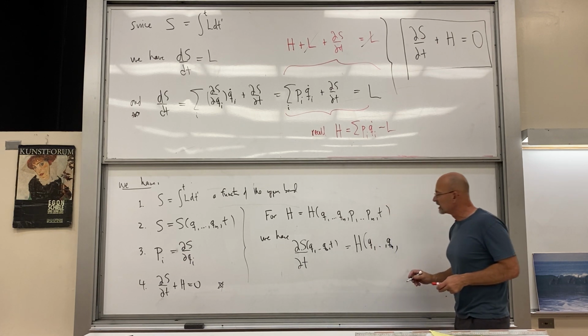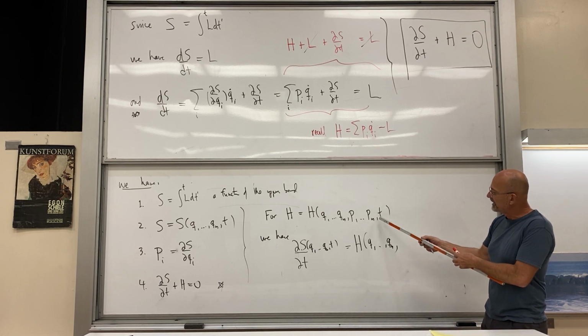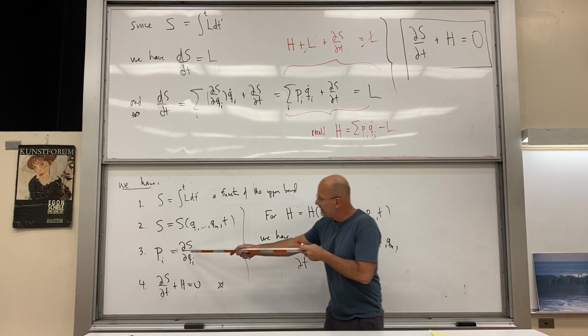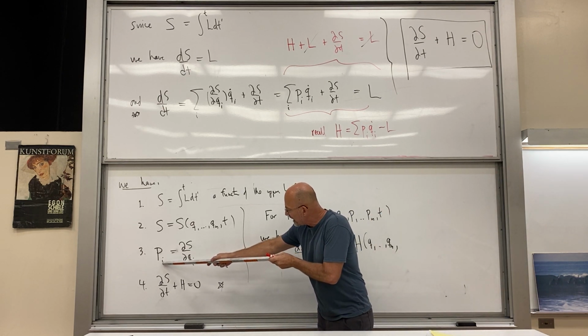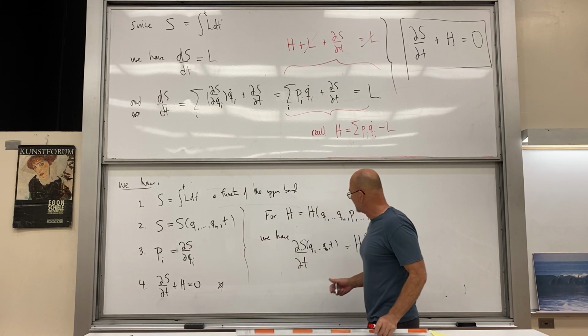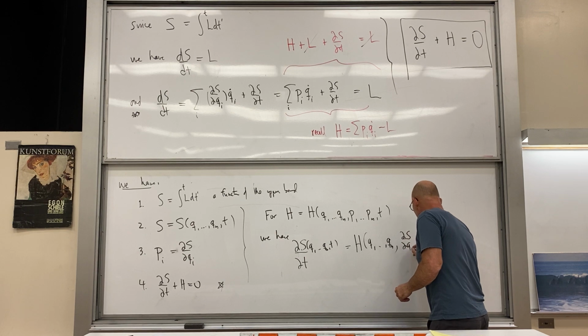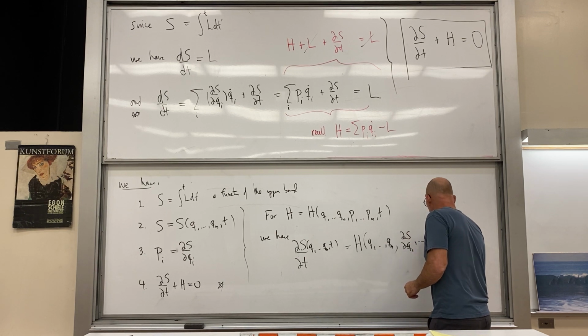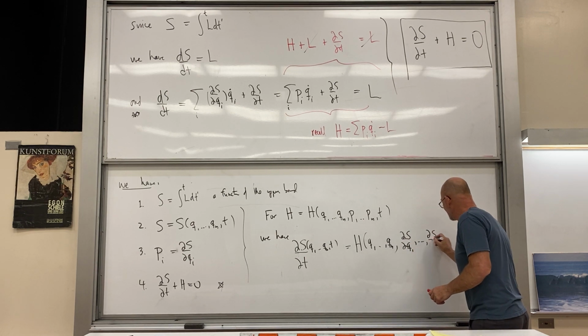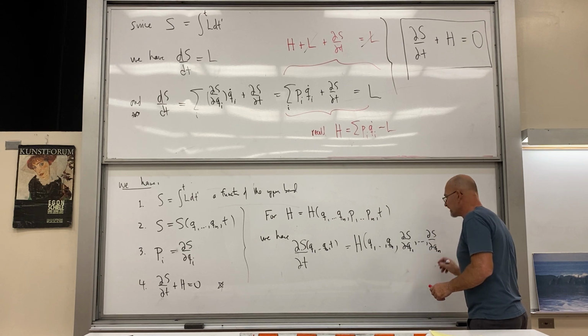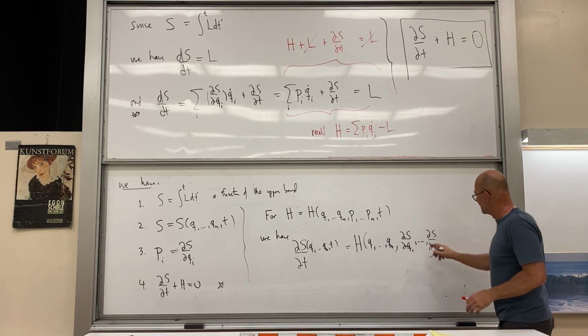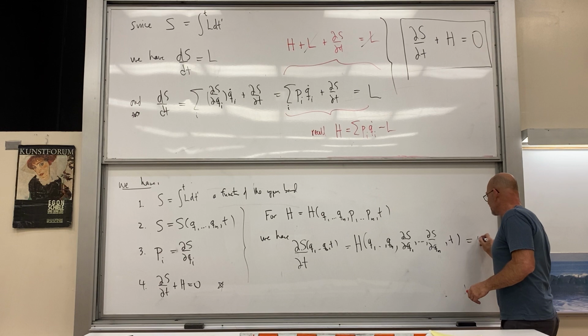Okay, so far so good. Now for p1 to pn, we can substitute this in. So p sub i is dS/dq sub i. So here we have dS/dq sub 1 all the way to dS/dq sub n. That's for the p1 to pn, and t equals 0.